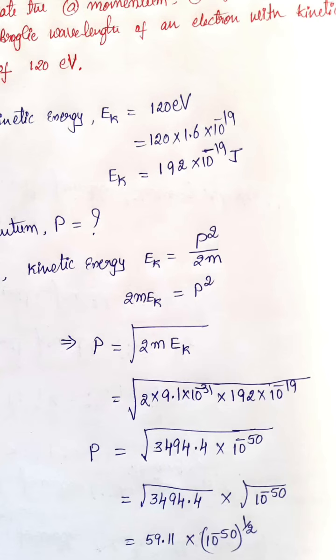Now separate this term, that is, whatever the square root of some value is there, separate it. It will be square root of 3494.4 into square root of 10 to the power minus 50.